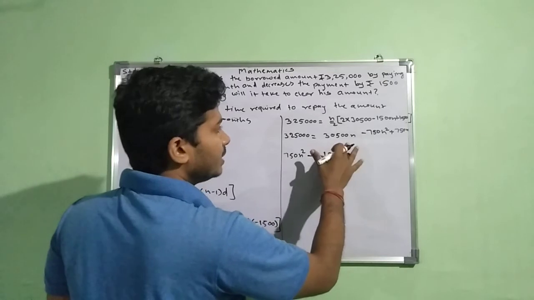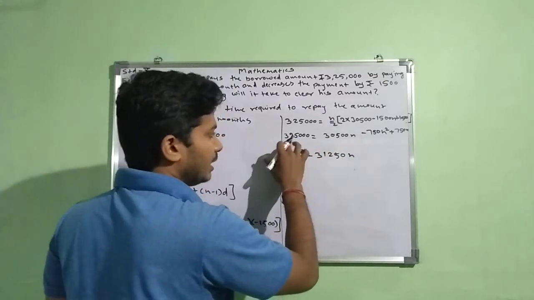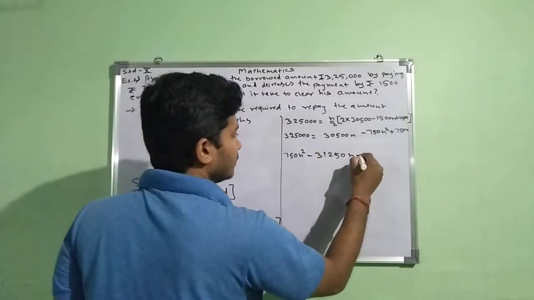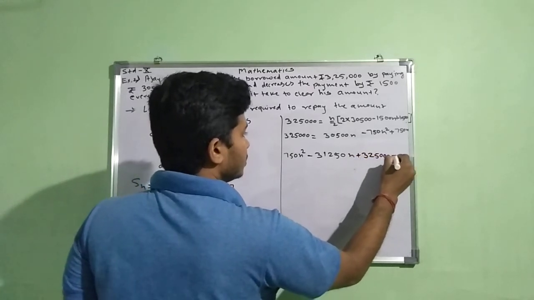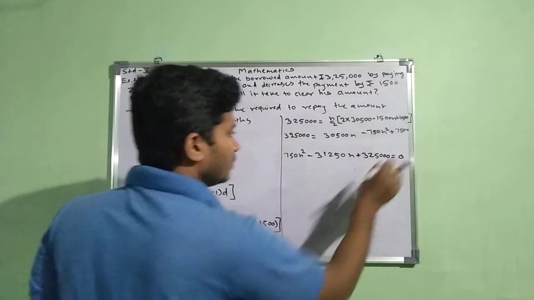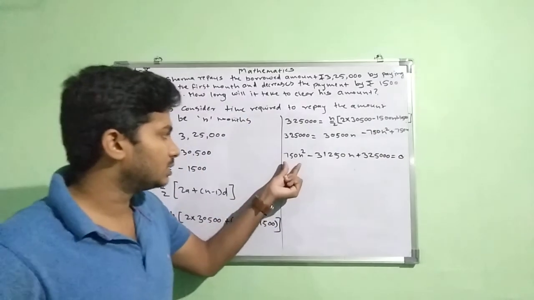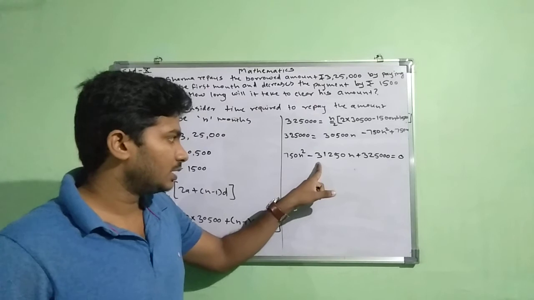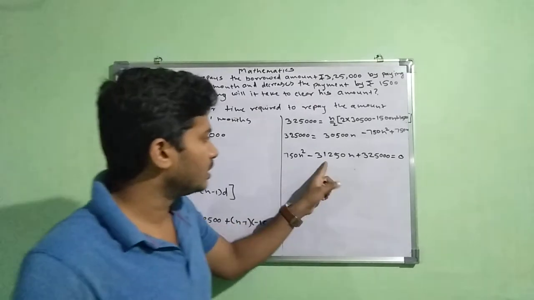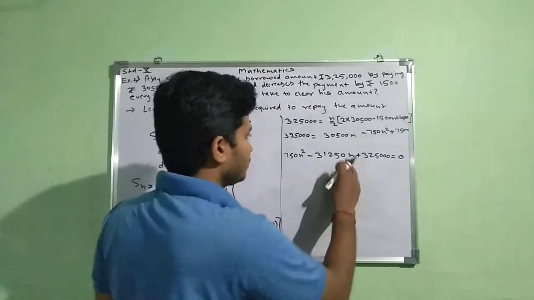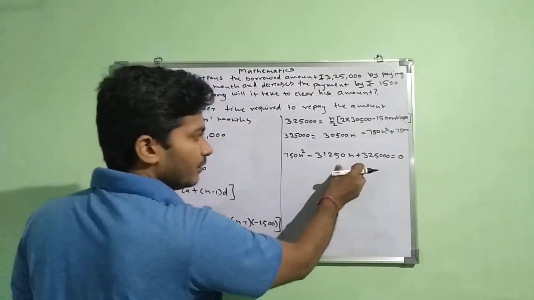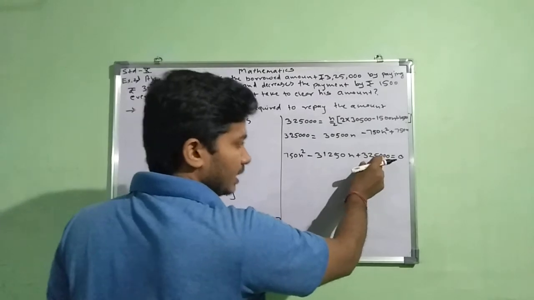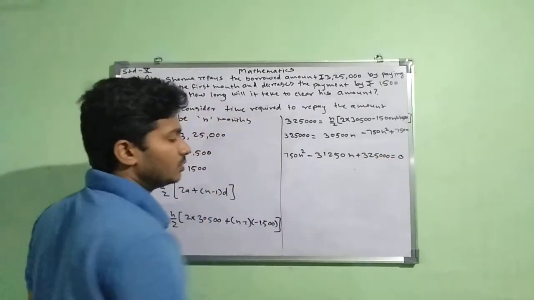So here we got 750n square minus 31,250n plus 3,25,000 which is equal to 0.